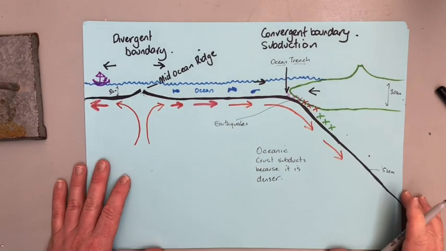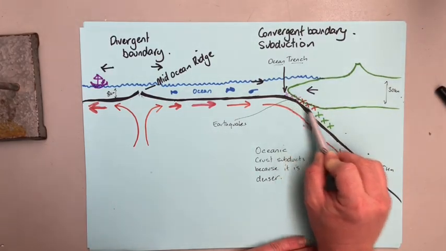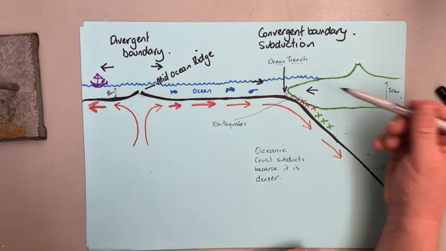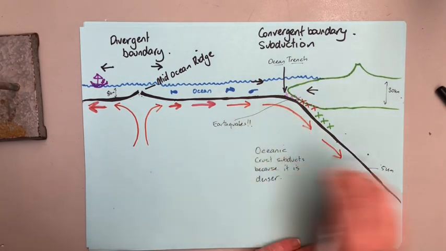Now, the Boxing Day tsunami was caused by an earthquake at one of these zones. So we have our crust, it's moving downwards and it's making lots and lots of earthquakes.